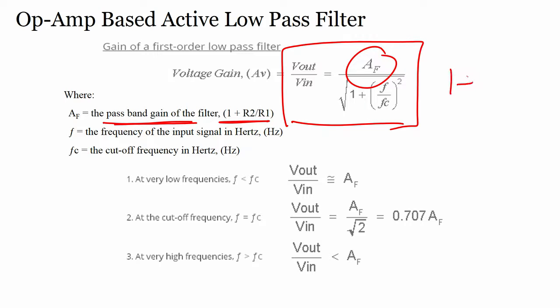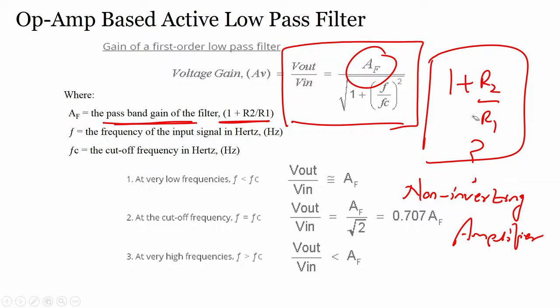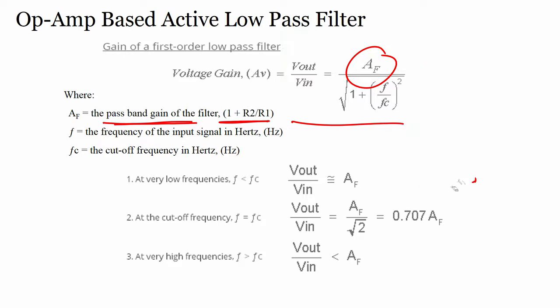Why 1 plus R2 by R1? Why is the pass band gain given by this particular formula? Because we are using a non-inverting amplifier, right. That is why we have given AF equals 1 plus R2 by R1. Okay, excellent.